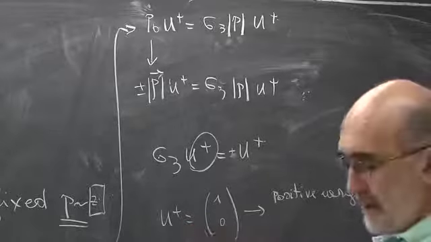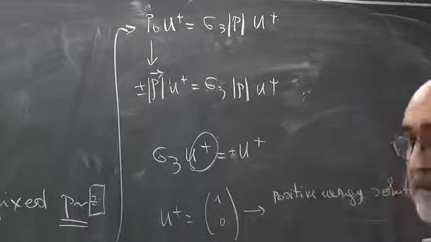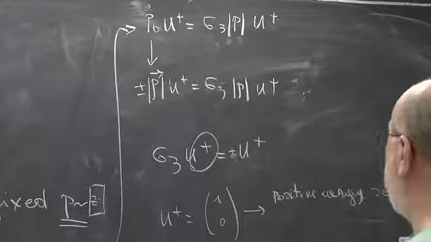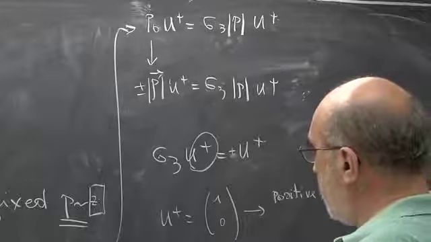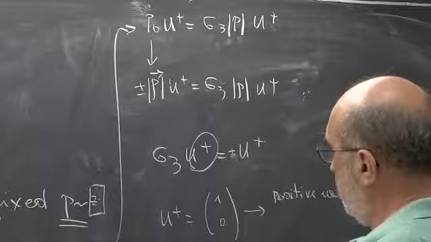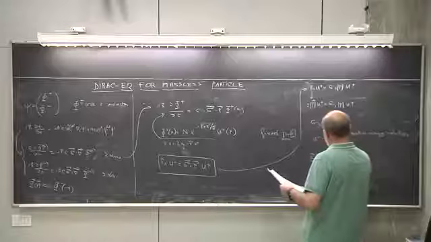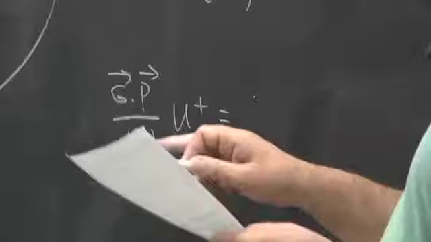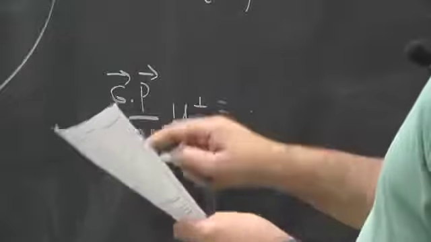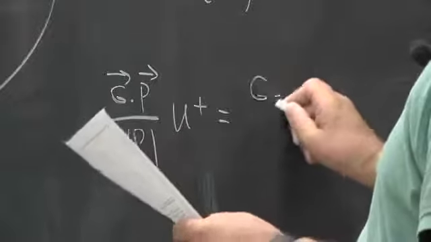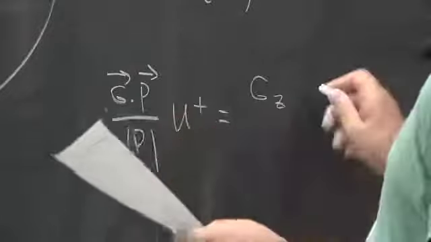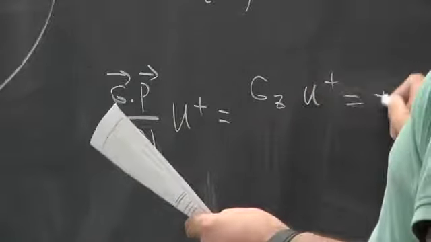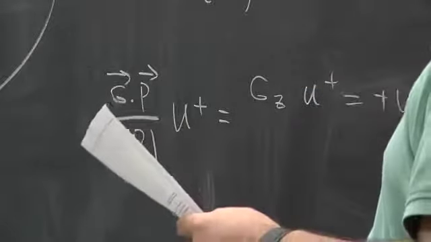And let's see if this solution has some helicity. Let's take the helicity operator. Let's apply it on U plus, and what you get is easy to see that basically this is sigma z, P and P cancel, U plus, and with this solution, it is plus.